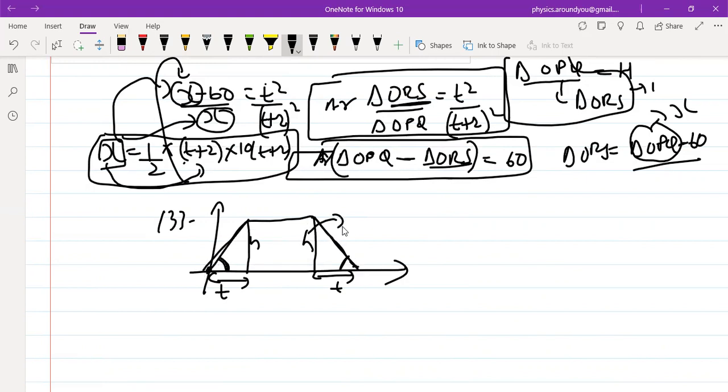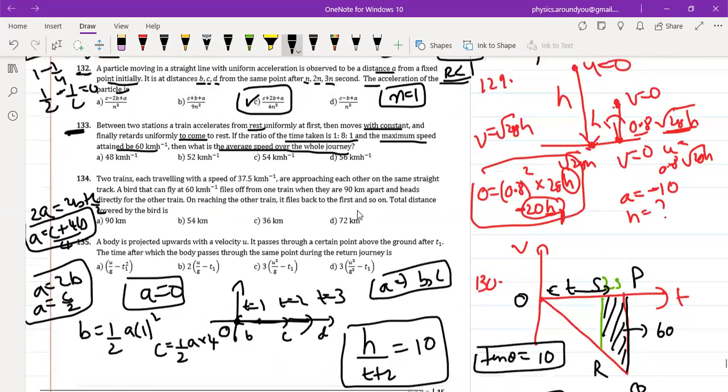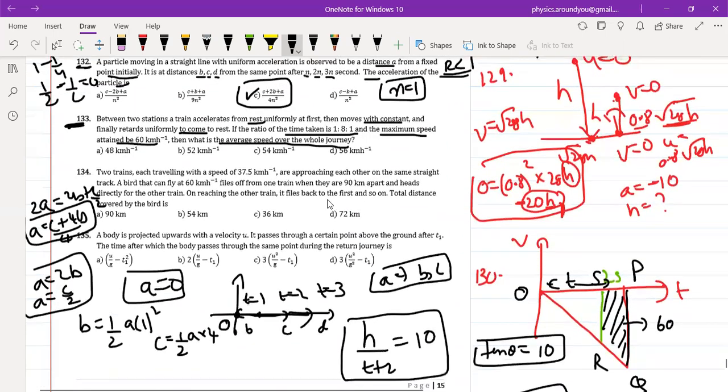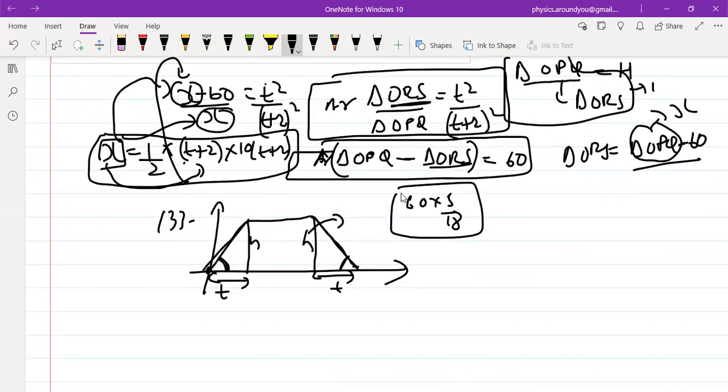And the value of h is given to be the V value, around 60 kilometer per hour. 60 kilometer per hour would be 60 into 5 by 18, which gives you meter per second. So you know the value of this height, right? And t is the same. Let this be t1.